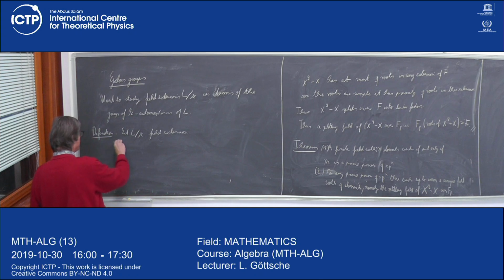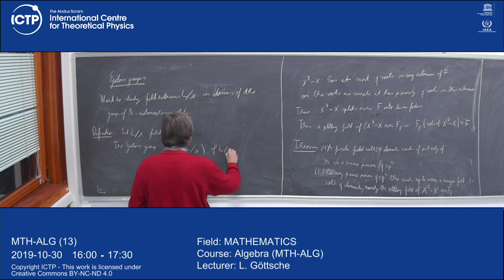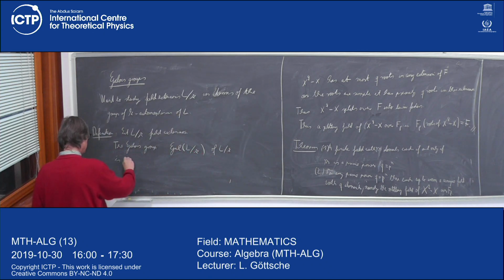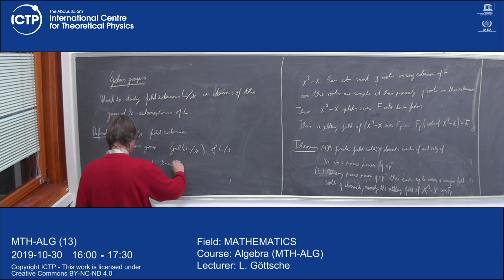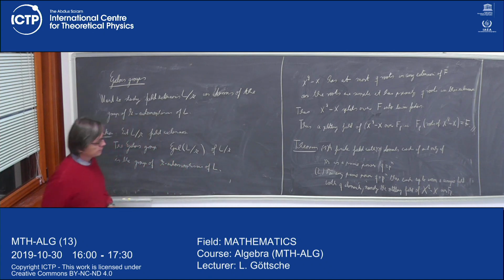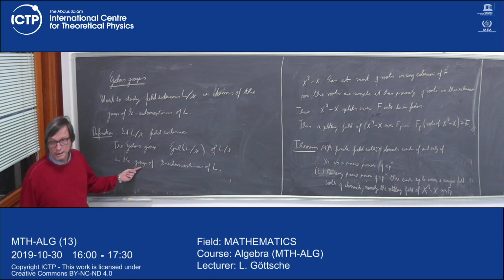The Galois group, which I denote Gal(L/K), is, as I said, the group of K automorphisms of L. A K automorphism, as you remember, is an automorphism, so an isomorphism from L to itself, which is the identity on K. And obviously these form a group under composition.